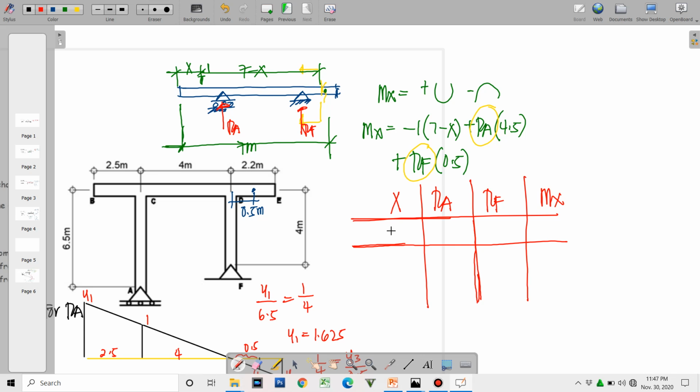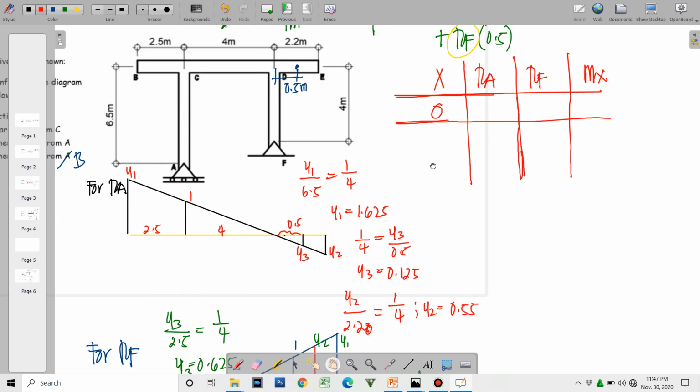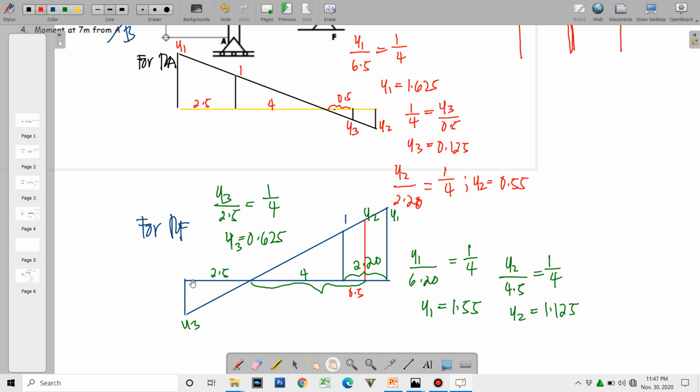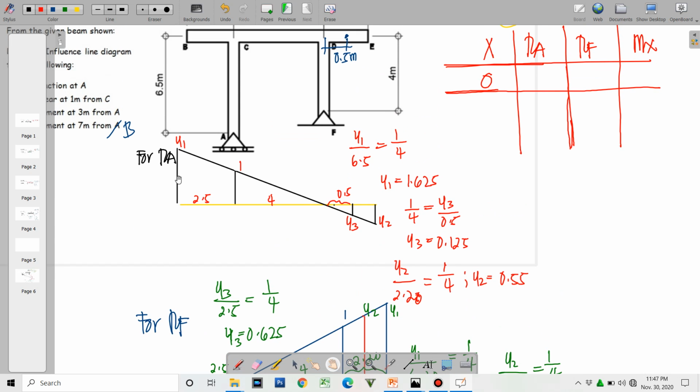So we say here that when x is 0, what is RE? When x is 0, we locate this one. So we look at the coordinate of this. What is that? Y1. Y1 is 1.625. So we place it here.